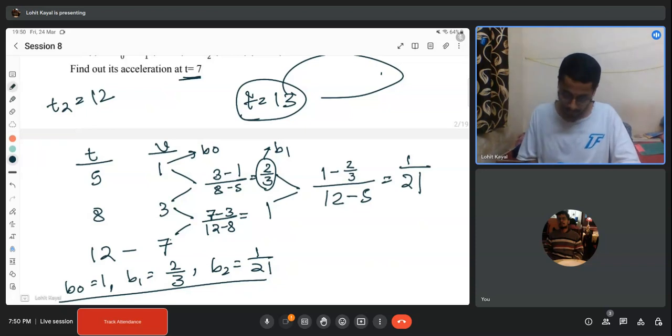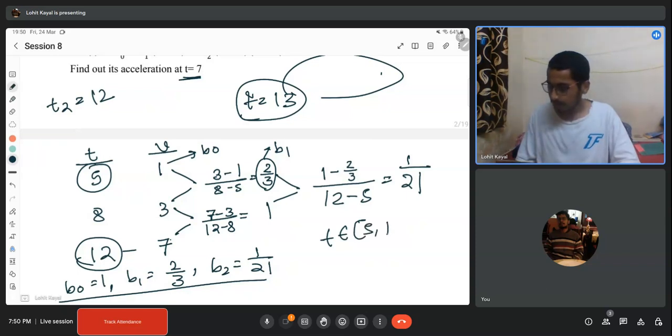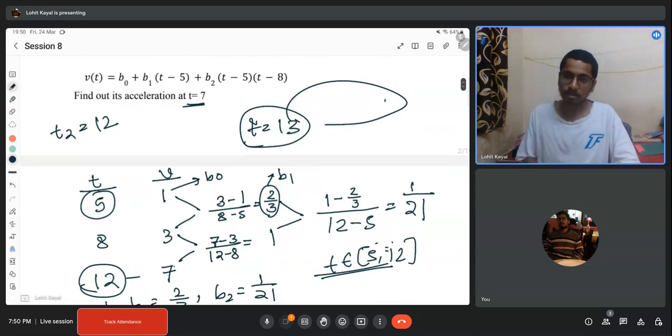The answer is no, because my range of t is varying from 5 to 12. So I don't have information beyond that. So I will be confident about my answer at t equal to 7, from interpolation. To get the value at t equal to 13, I need to use extrapolation.